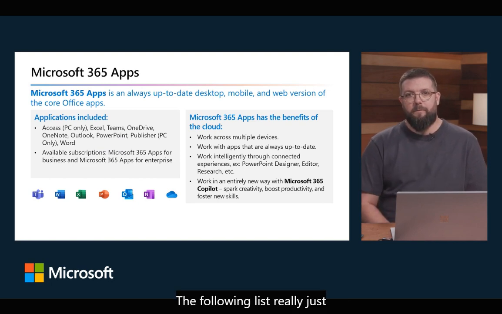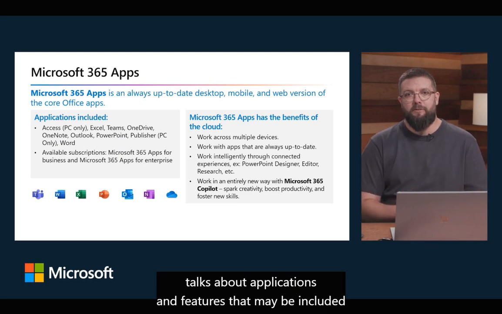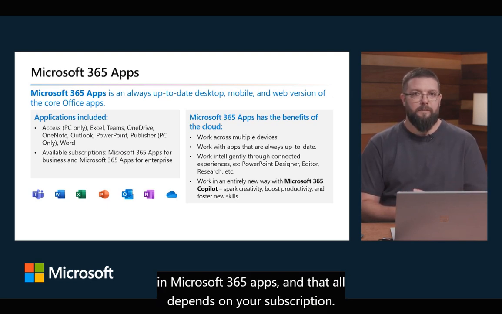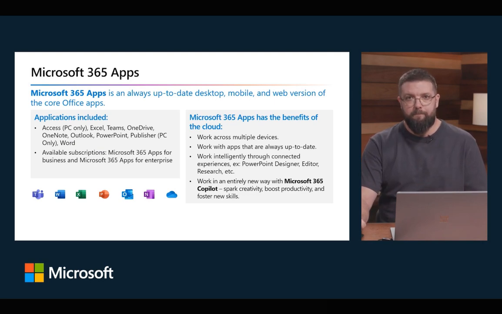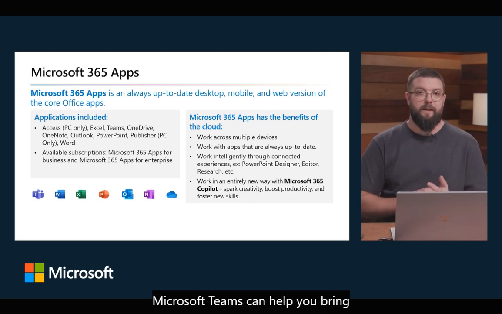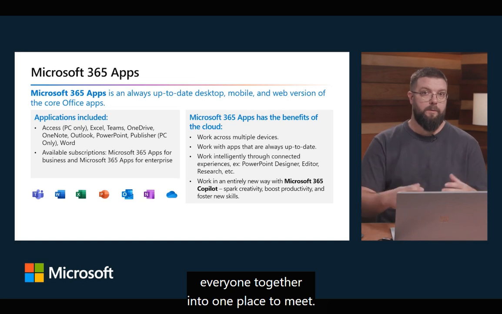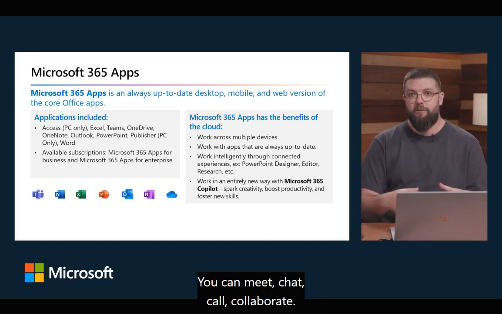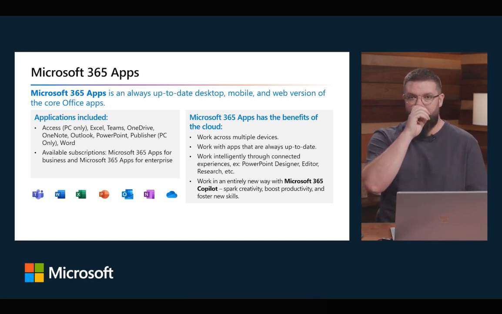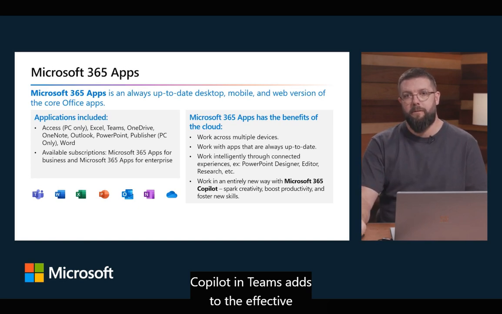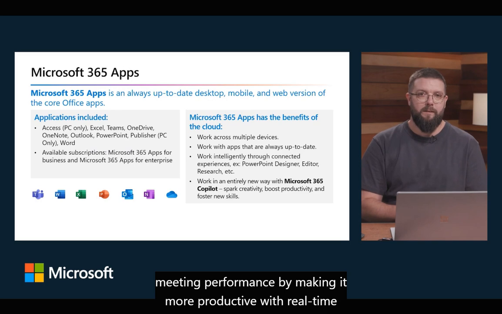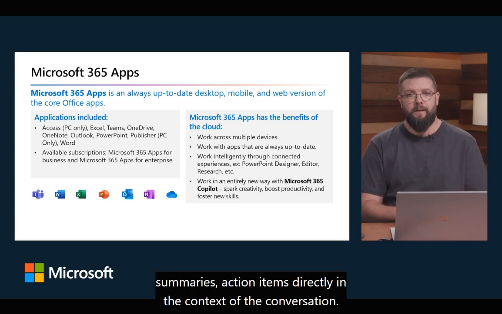The following list really just talks about applications and features that may be included in Microsoft 365 apps, and that all depends on your subscription. So Microsoft Teams can help you bring everyone together into one place to meet. You can meet, chat, call, collaborate, and then Copilot in Teams adds to the effective meeting performance by making it more productive with real-time summaries, action items directly in the context of the conversation.